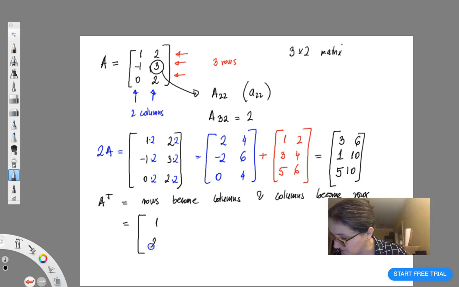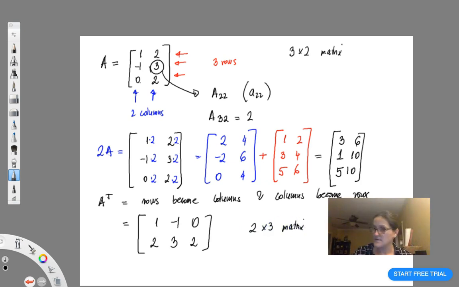So that's going to be my first column. Then the second row was minus 1, 3. And that's going to become my second column. And finally, the third row was 0, 2. And that's going to become my third column. Therefore, the transpose matrix is now a 2 by 3 matrix. So what used to be a 3 by 2 is now a 2 by 3 matrix. So this is the transpose operation for matrices.